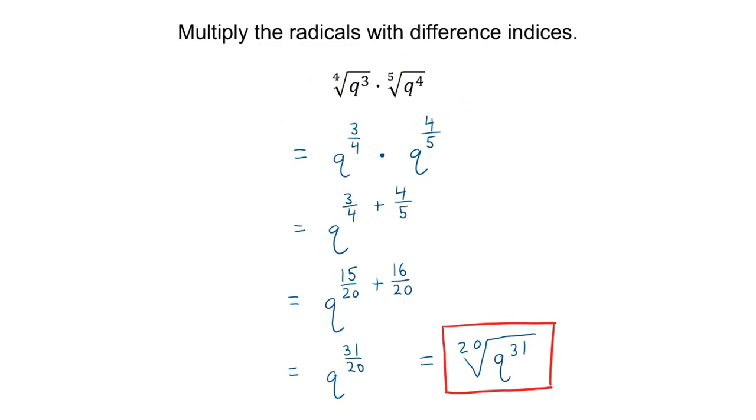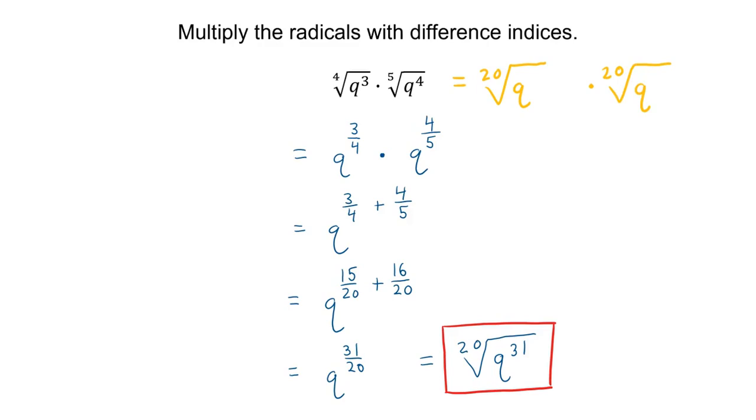So now, without going through all of the steps that we just did here, let's rewrite each one of these radicals with a common index. Well, we know that our common index is now going to be 20. So I'm going to have the 20th root of q to the something power times the 20th root of q to the something power again.